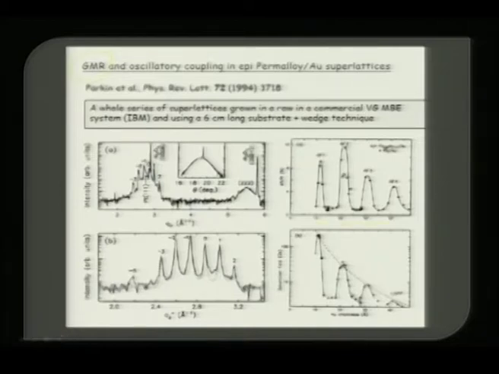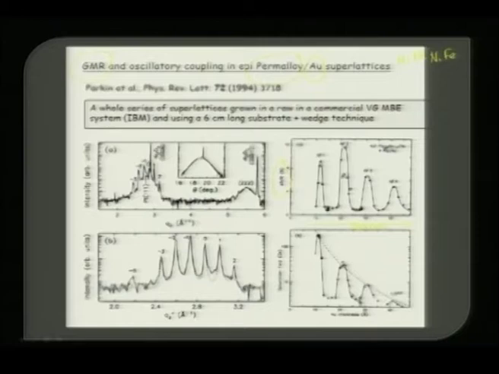And the next issue we see here is, as you increase the layer thickness of the spacer, in this example gold is used as a spacer layer, and permalloy, which is nothing but nickel iron. Okay, nickel iron is the permalloy, and in this case you can see as you vary the thickness of your gold spacer layer, the magnetoresistance varies like an oscillation.